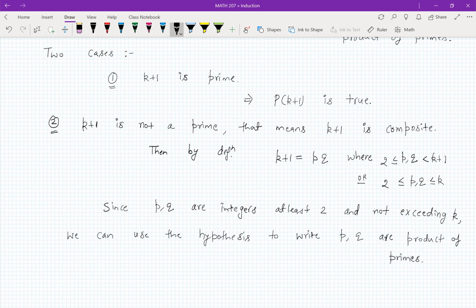Since p and q are integers, each has a value at least 2 and not exceeding k. So we can use our hypothesis to say that p and q are products of primes. Thus we can conclude that k plus 1 is written as a product of primes, and this implies P of k plus 1 is true.